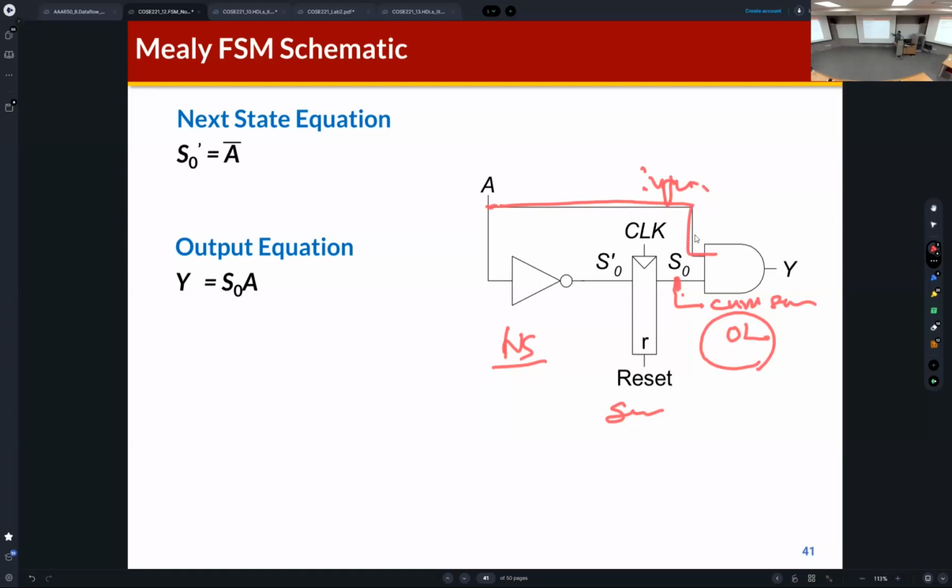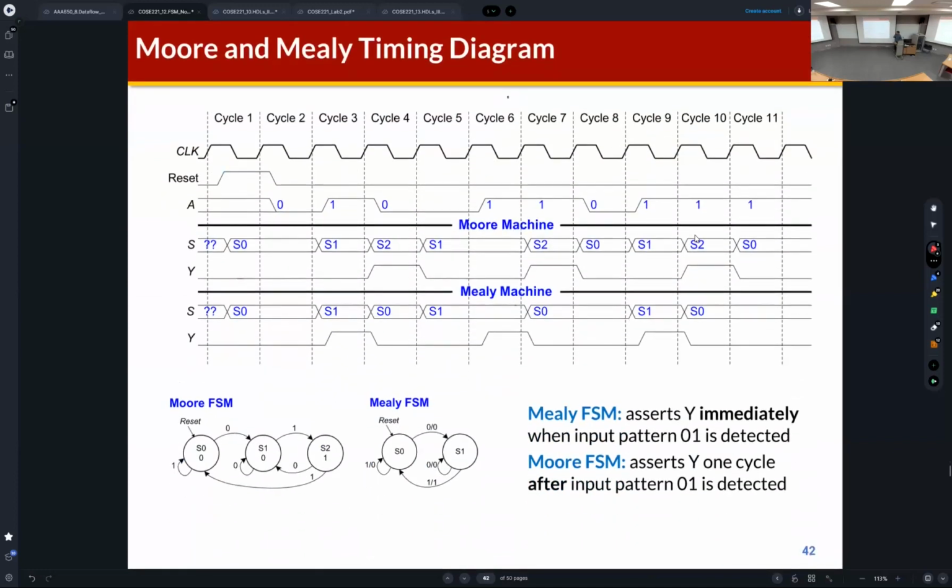This is the difference between the Moore FSM and the Mealy FSM. The operation looks the same, but if we compare the timing of the Moore machine and the Mealy machine, the timing is a little bit different. Why?